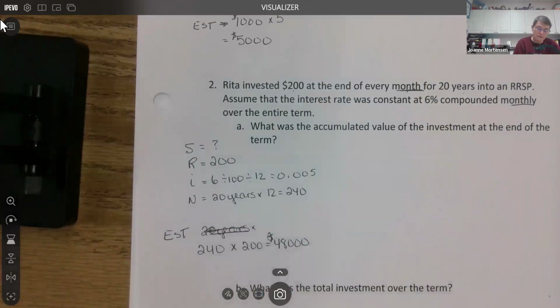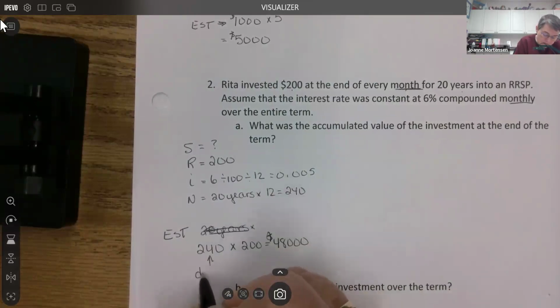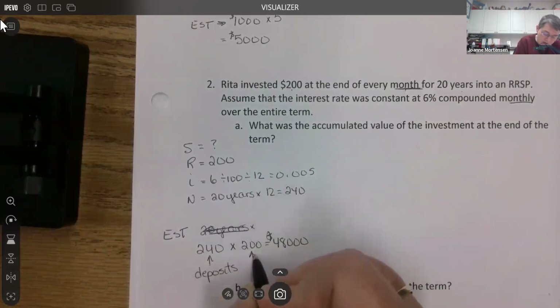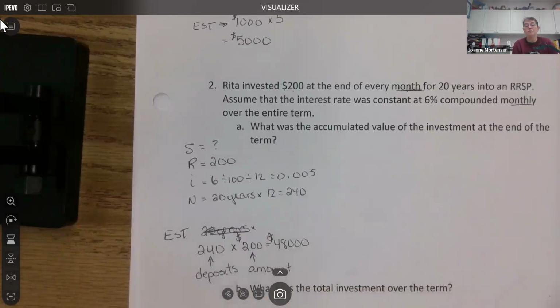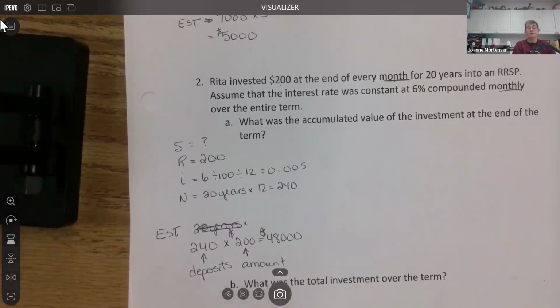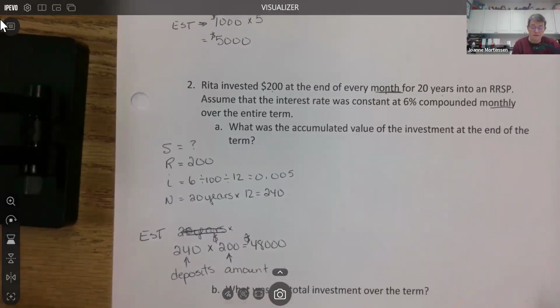Again, these were the deposits. Now I'm thinking over 20 years at a fairly decent 6%, there could be a fair amount of money in this account.